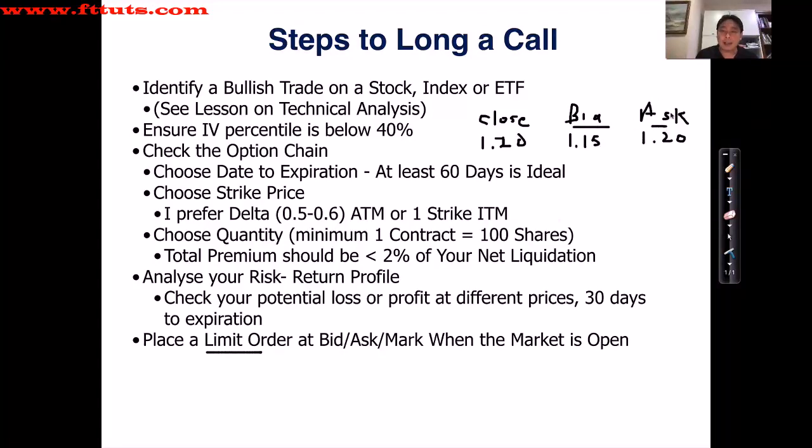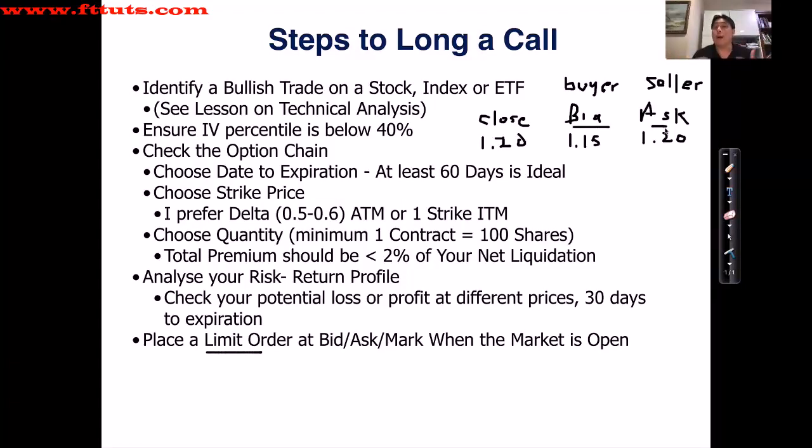So ask refers to the price that sellers in the market are offering their options for. So these are the sellers saying, okay, we're willing to sell the option at $1.20. And bid would be the buyers in the market willing to buy at $1.15. Okay, so $1.20 is what sellers are asking for. $1.15 is what buyers are willing to buy at, right?